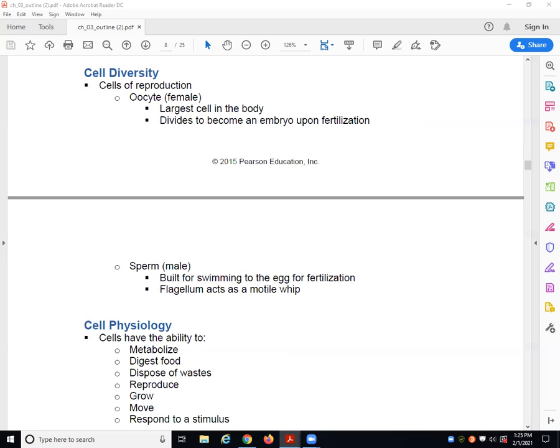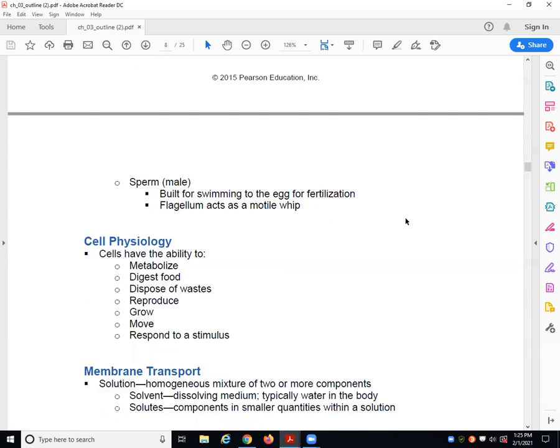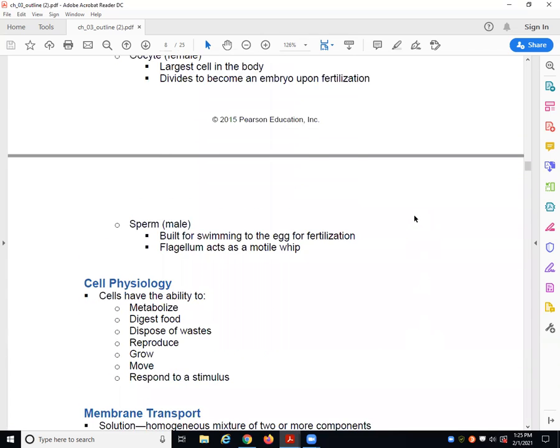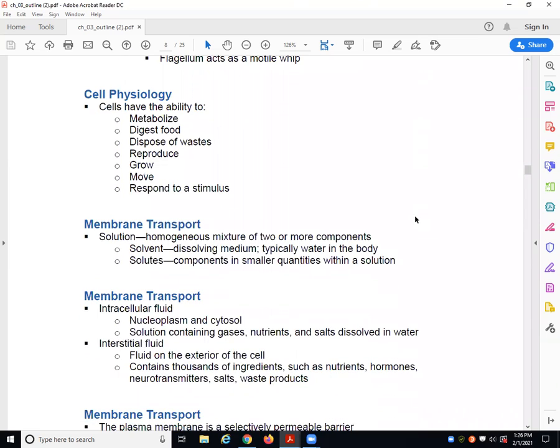All right, so now we discussed cell diversity. Let's talk about cell physiology. Some of the different things that cells can do: they can metabolize, which has to do with chemical reactions. They can digest or break down food.